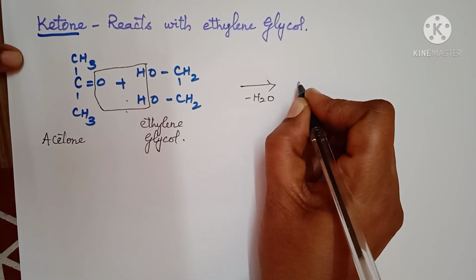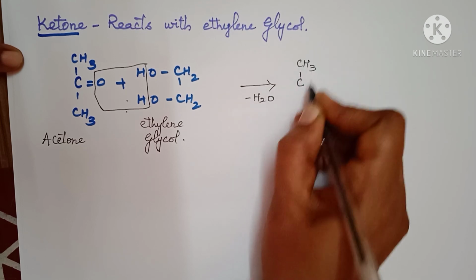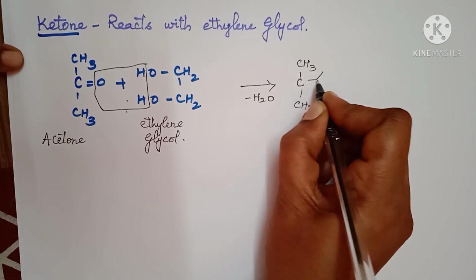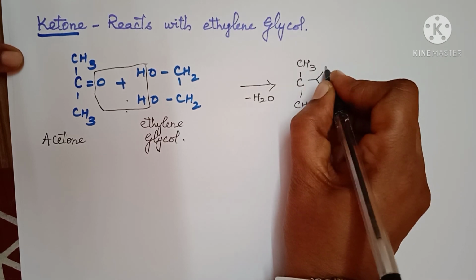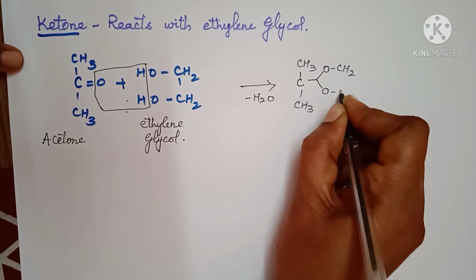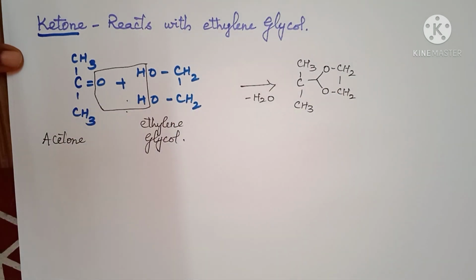Now here carbon is attached with a methyl group, the down part also a methyl group, and then this side OCH2, this side also OCH2, just as it is, whatever is remaining, you just write it. So what is the name of this actually?